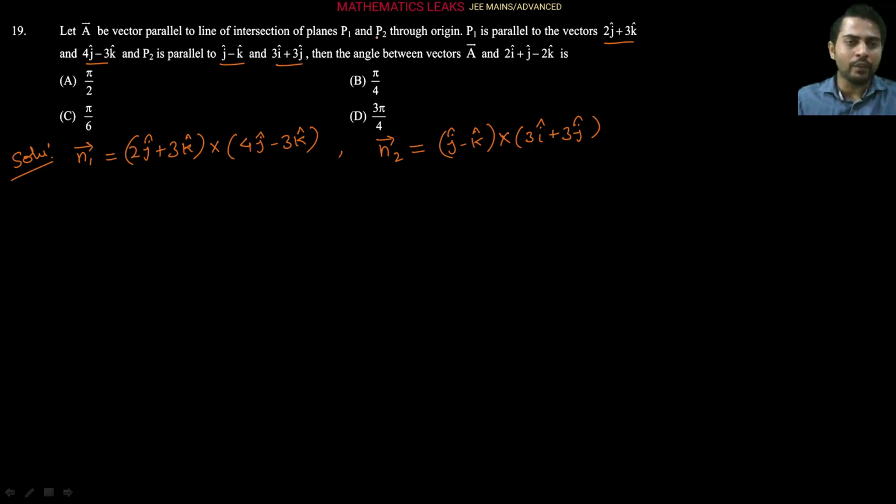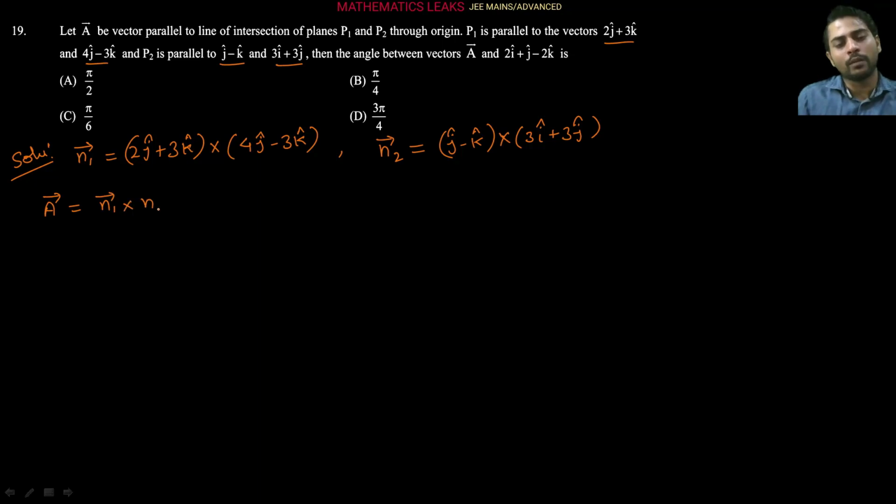Since the A vector is parallel to the line of intersection of P1 and P2, it means the A vector will be along the vector which is perpendicular to the normals of planes P1 and P2. So we can say the A vector will be along the perpendicular vector to the normals N1 and N2. So that will be nothing but N1 cross N2 only, right?